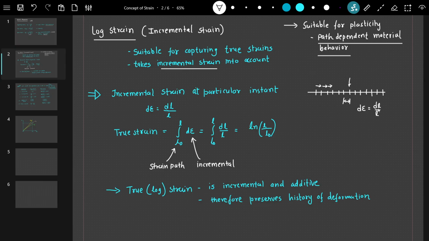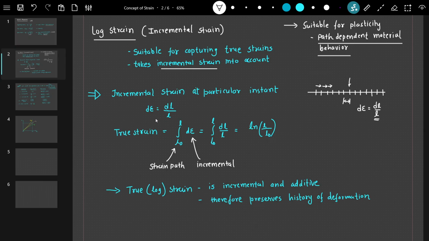So we are taking change in length for that instant divided by the current length, not the original length. If we take the original length, then it becomes engineering strain. Since we are interested in capturing true strain, or path dependent strain, we are taking dl by l with the current length.